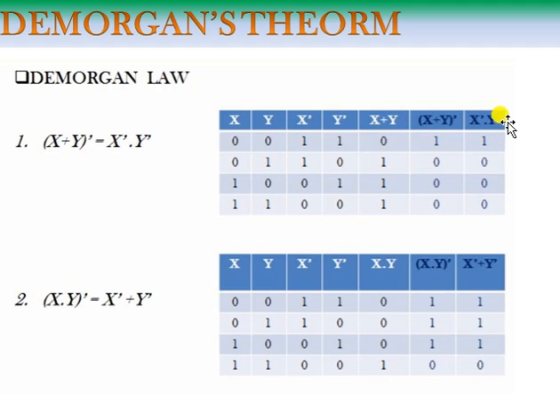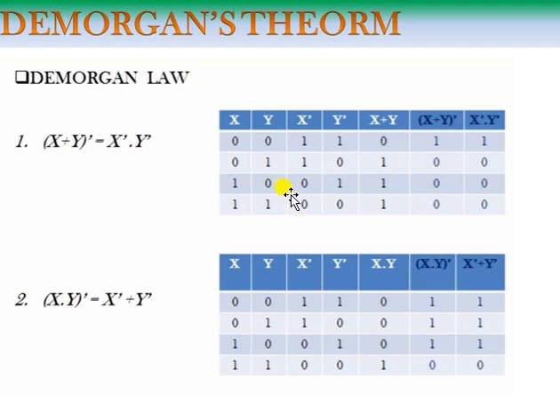And x bar dot y bar: 1 dot 1 is 1, 1 dot 0 is 0, 0 dot 1 is 0, 0 dot 0 is 0, giving 1 0 0 0. So (x plus y) whole bar is equal to x bar dot y bar. This is the result, and it is proved.